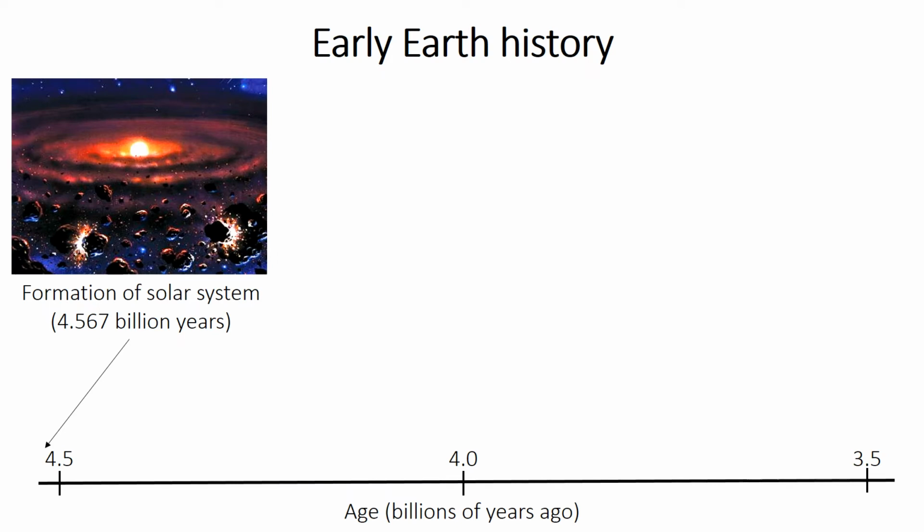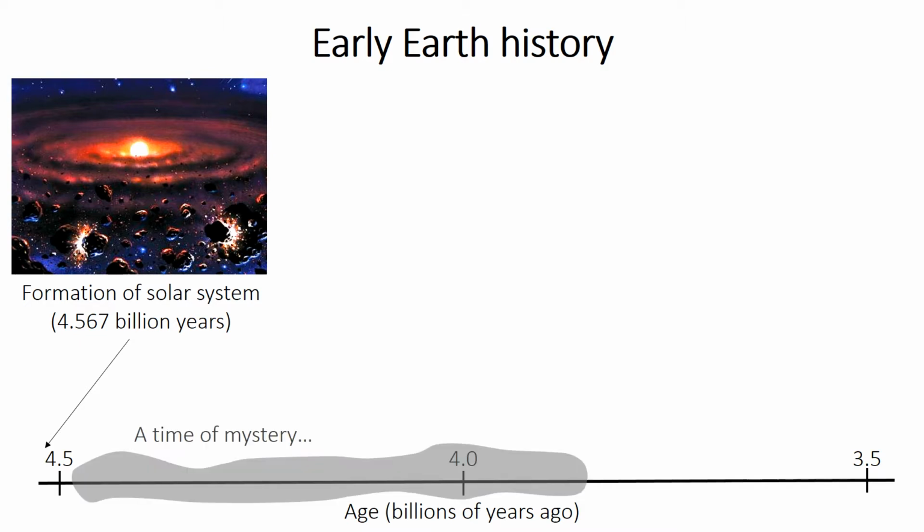So just a quick recap of the background or the setting for today's topic. The Earth formed a bit over 4.5 billion years ago, but the first 500 to 700 million years remain pretty mysterious because of limited evidence. The oldest known sedimentary rocks are around 3.7 to 3.8 billion years ago, although they've been extensively heated and deformed.